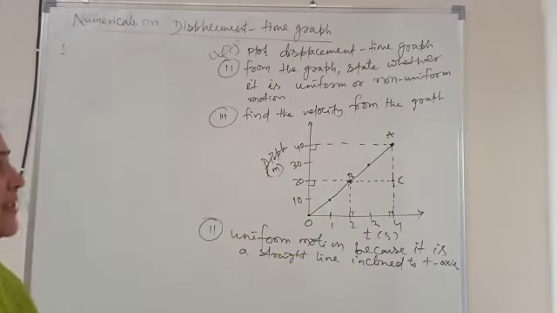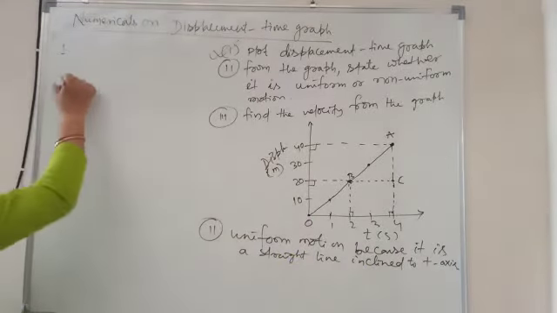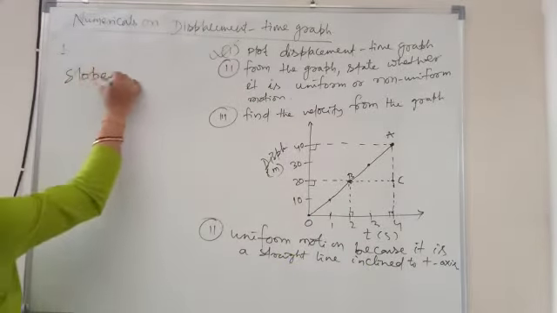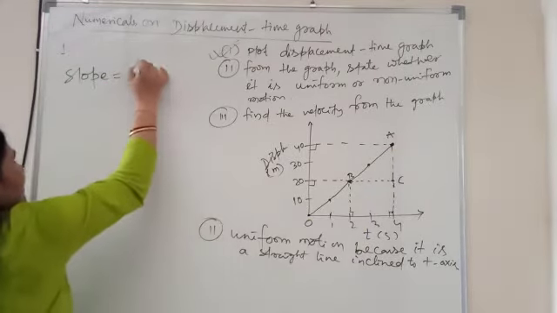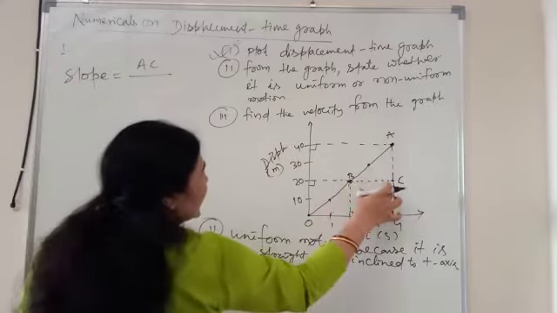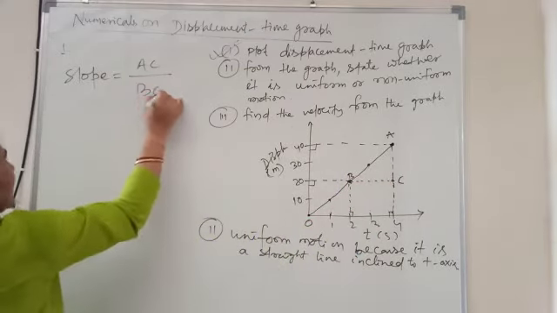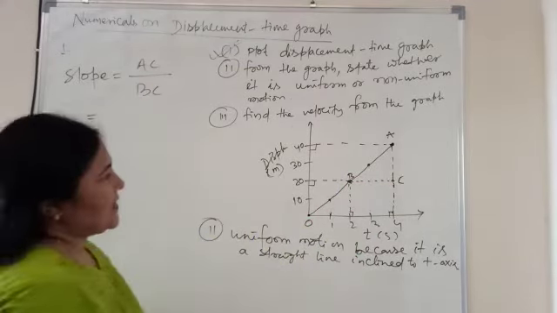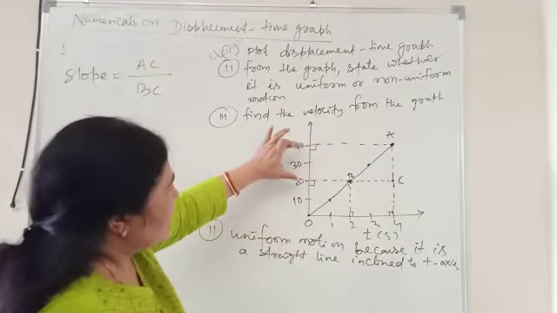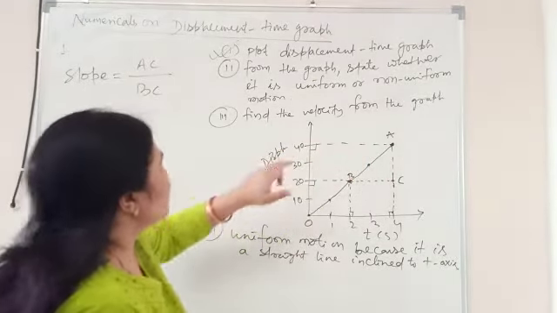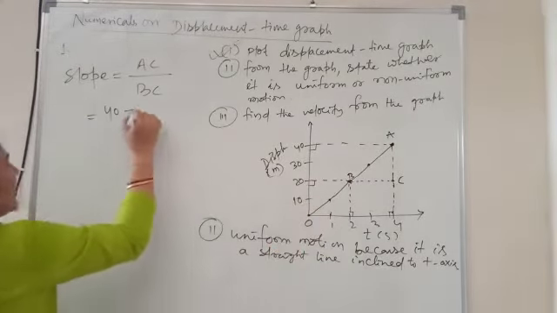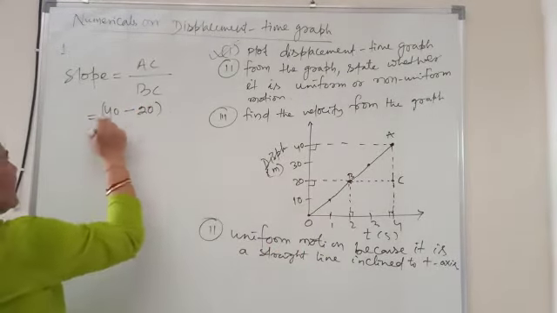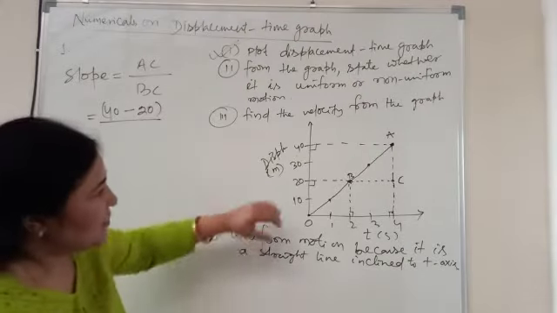So A, B, C. Here the slope of this graph will be equal to the change in the y-axis, which is AC, divided by the change in the x-axis, which is BC. So AC by BC. Find the magnitude of AC from the graph. A corresponds to 40 minus C corresponds to 20, so this is 40 minus 20, which is 20 meter.